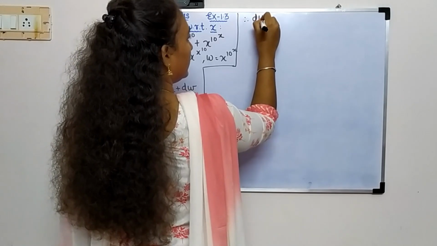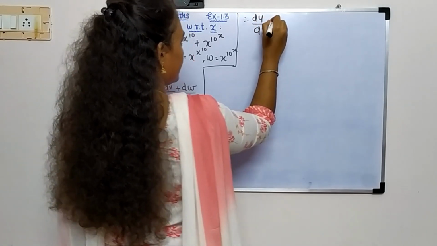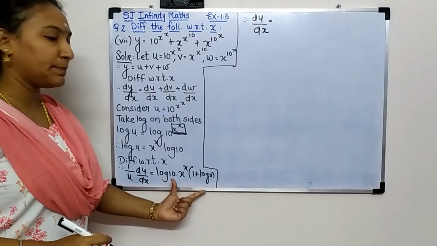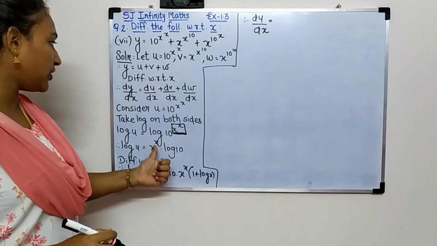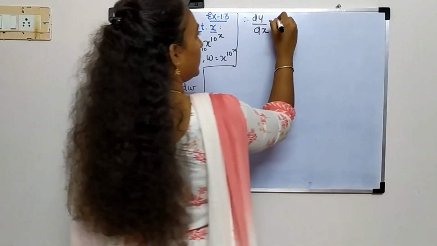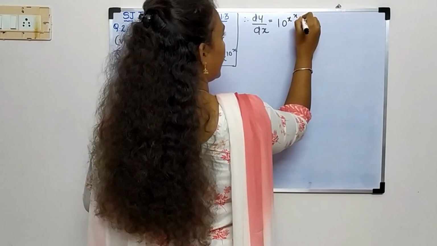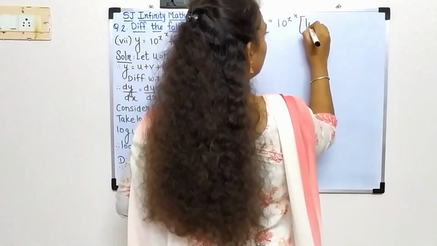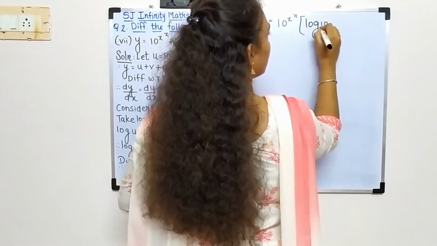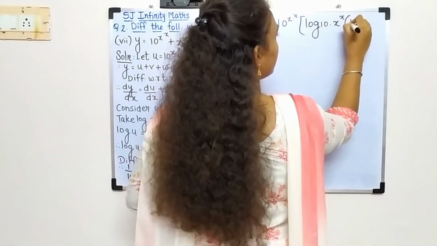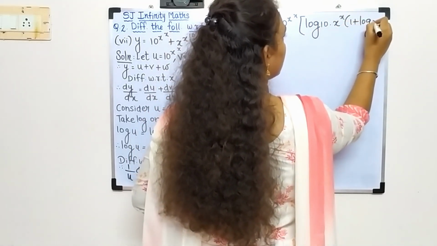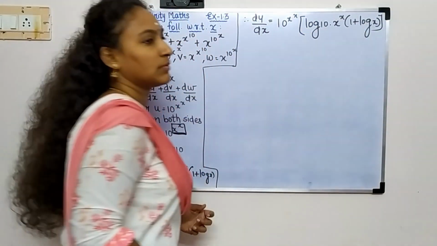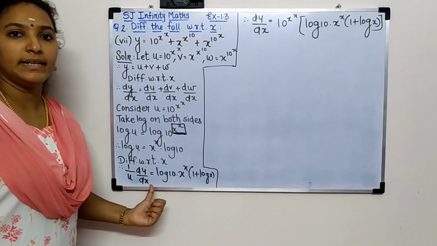Therefore, du by dx is your u multiplied with this function. What is your u? 10 raised to x raised to x, multiplied with log 10, x raised to x into 1 plus log x. See how simple it is to solve.